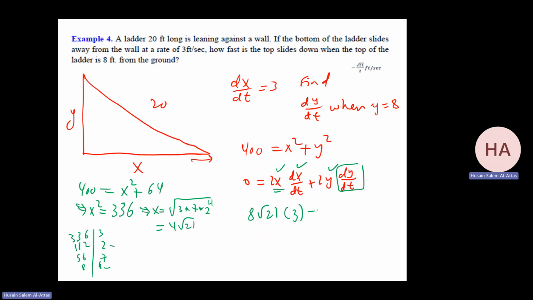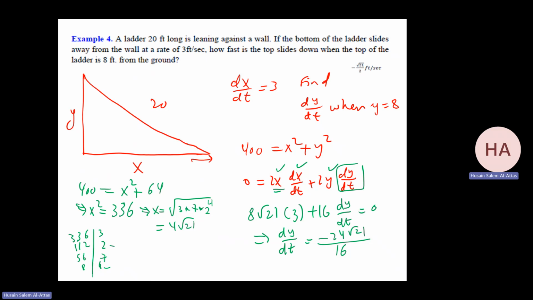y is 8, plus 16 dy by dt equals 0. So dy by dt equals what? Minus 24 square root of 21 over 16. Oh, did I make a mistake? It should be minus square root 21 over 2.